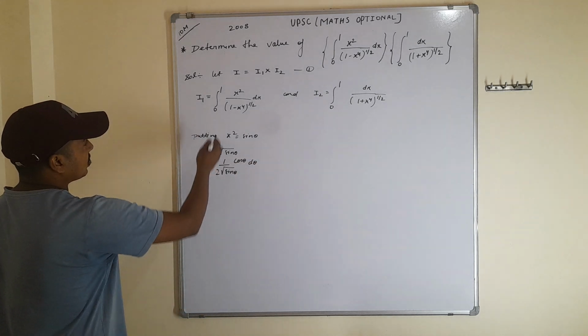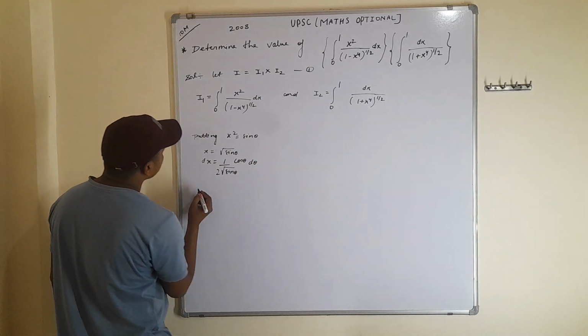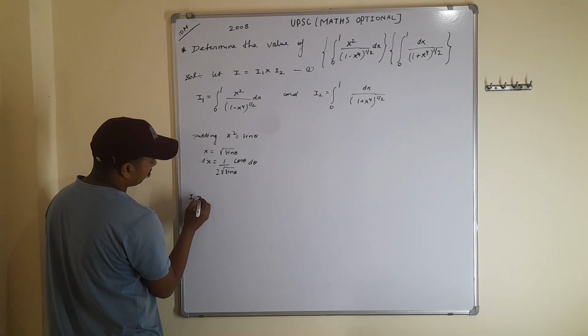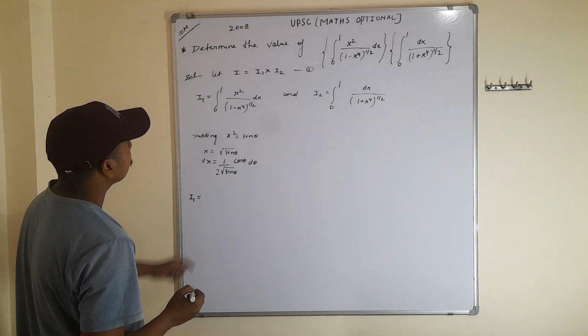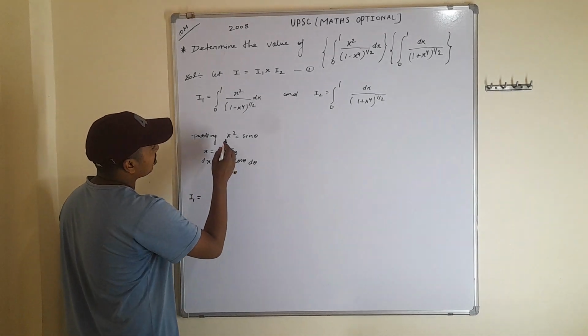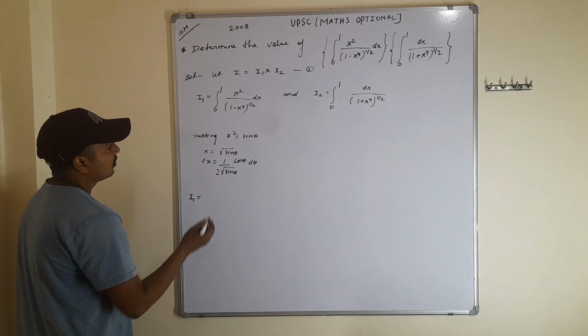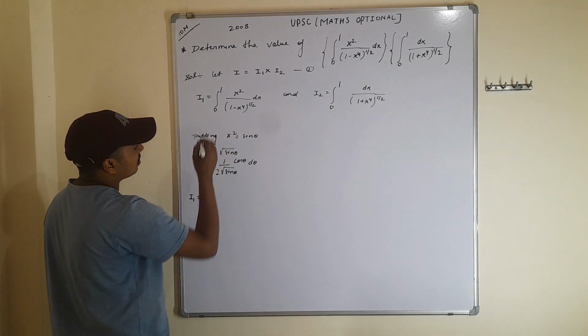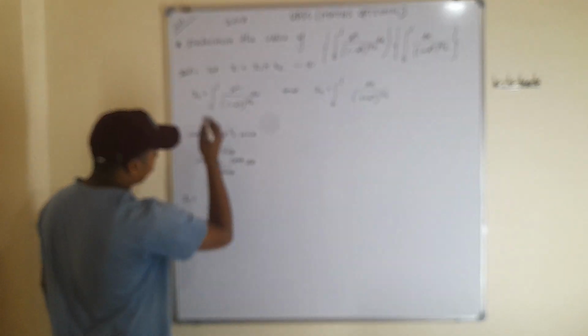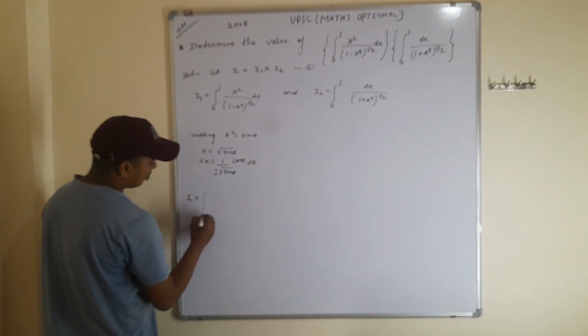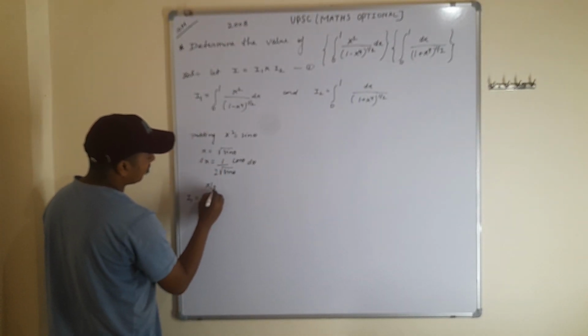Putting this result in I1, changing limits: when x is equal to 0, theta is equal to 0, and when x is equal to 1, theta is equal to pi by 2, so the limit is 0 to pi by 2.